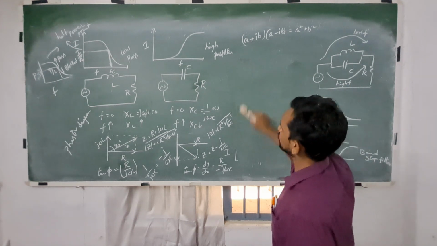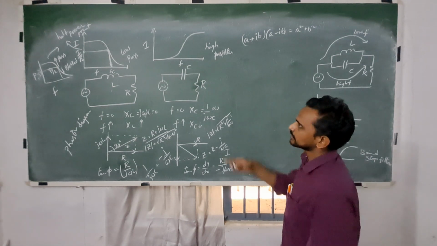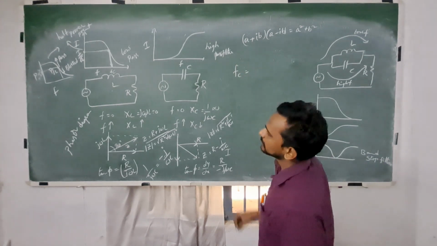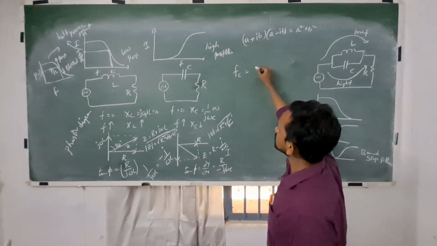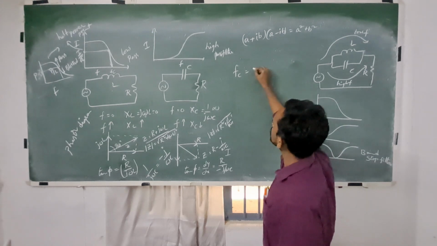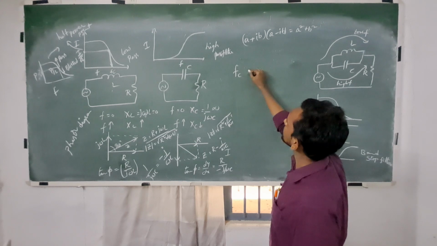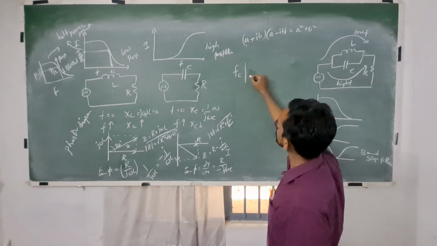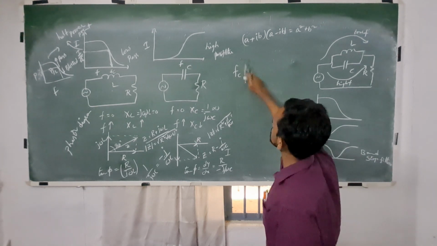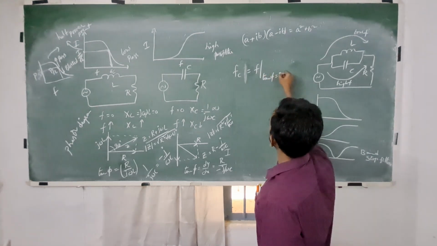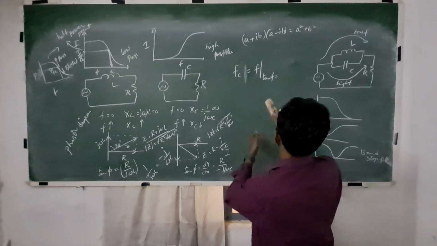Now what about the cutoff frequency? In an LR circuit, the cutoff frequency is given by the condition where tan phi is equal to 45 degrees. Fc is the frequency at phi equal to 45 degrees.